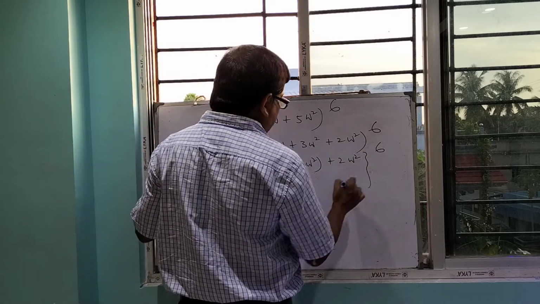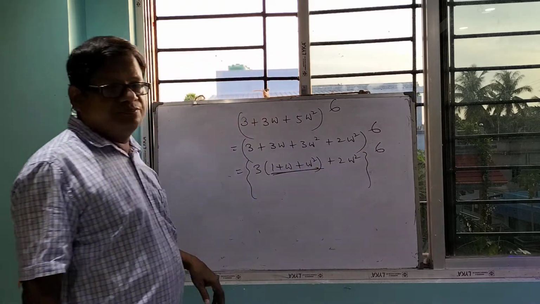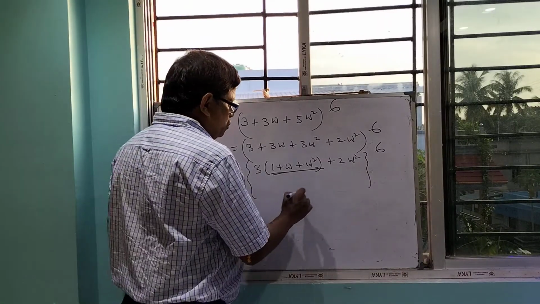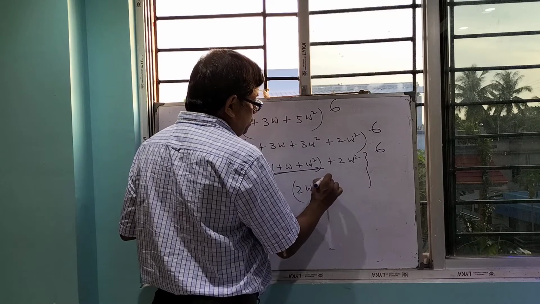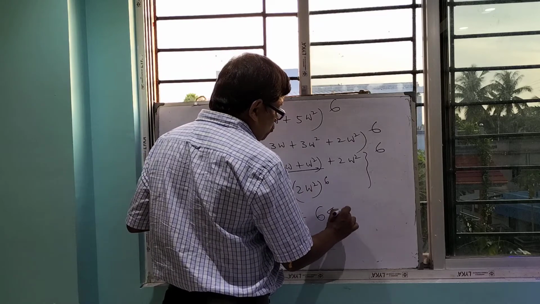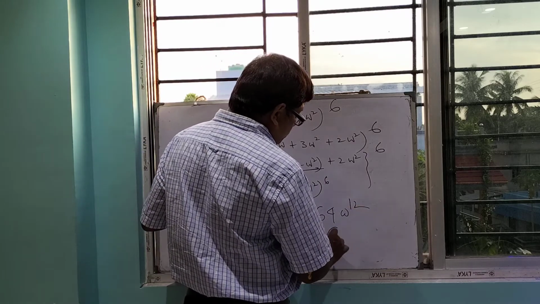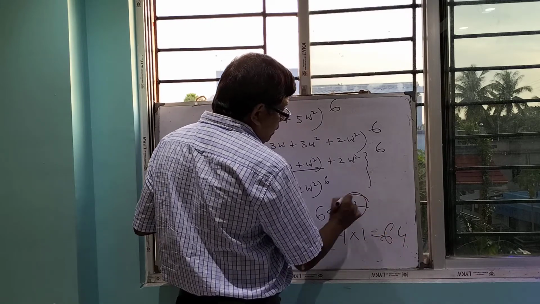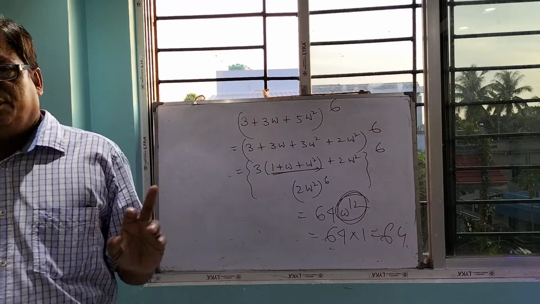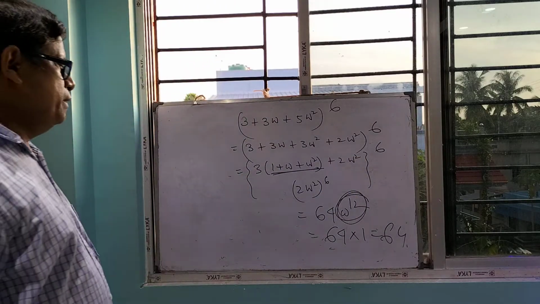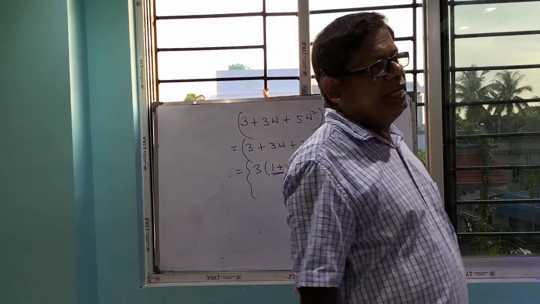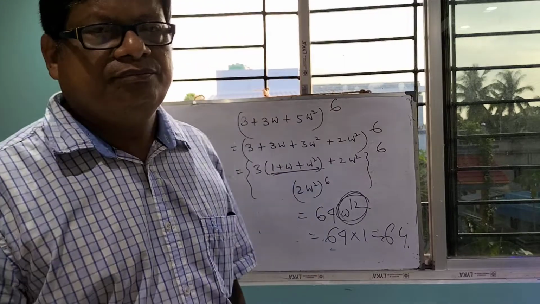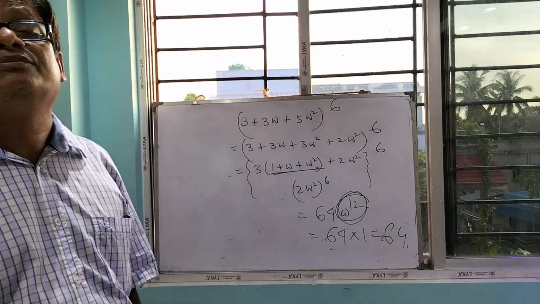Now this value will be 0. So 2 omega square whole to the power 6, that's 64 omega to the power 12. So 64 into 1, that is 64, because omega 12 is 1, multiple of 3. So the value is 1.